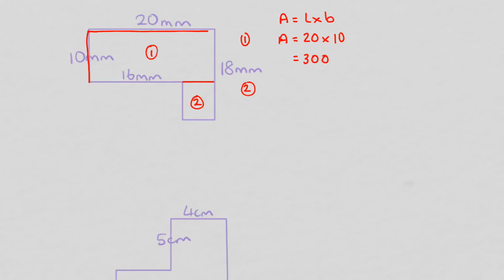Okay, and for rectangle 2, the area is length times breadth. We don't have either of those just now. So this length here, we need to have a look and see that 16 add this length here are going to make 20. So that one's 4 millimetres, sorry.